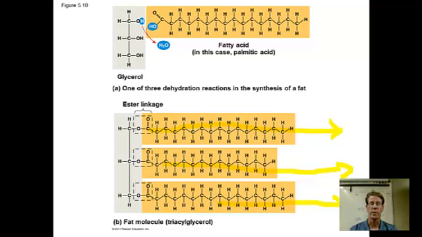And hopefully you can see now why these are so valued by animal bodies, because look at all that energy. Look at all those chemical bonds that can be used for energy storage. And again, most carbohydrates are going to be in rings or simple chains, branched chains, and they are going to be significantly smaller than what we're seeing here with these fatty acids that are attached to our glycerol molecule.